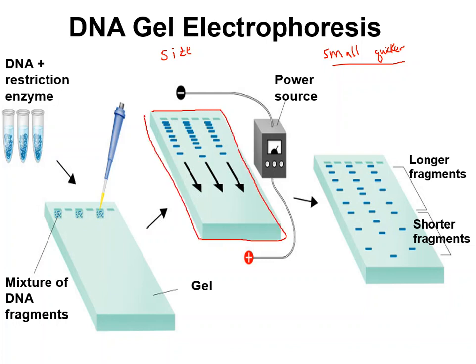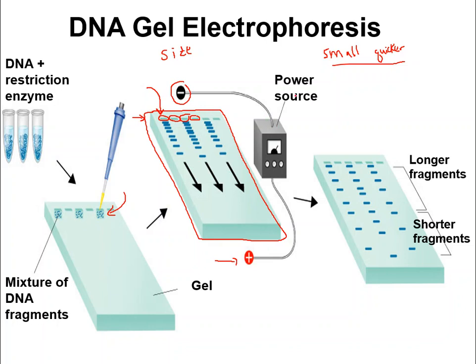And what you do is you put the DNA at one end of the gel. These little holes here are called wells. They're exactly that. They're little holes, and that's where you pipe the DNA into, which is what they're doing in this picture here. And then you put a power source on the gel with the negative end where the DNA starts and the positive end where it will finish.